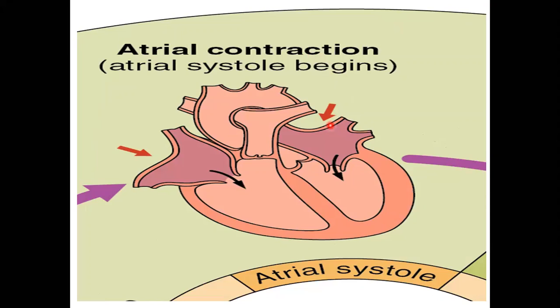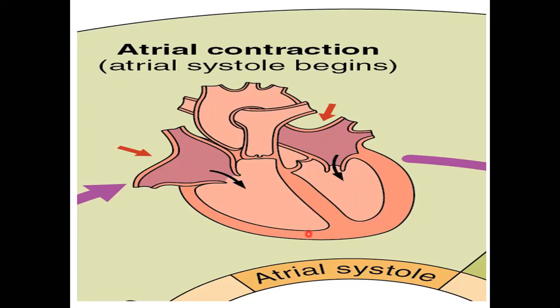Due to atrial contraction, blood again rapidly rushes into both the ventricles, producing a fourth sound, and this period is known as the last rapid filling stage. The fourth sound demarcates the end of ventricular diastole.